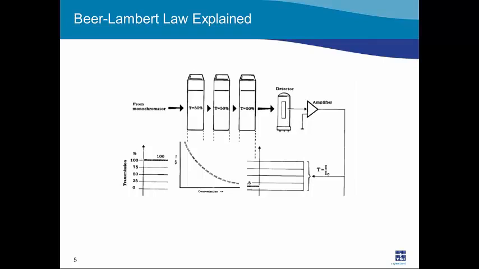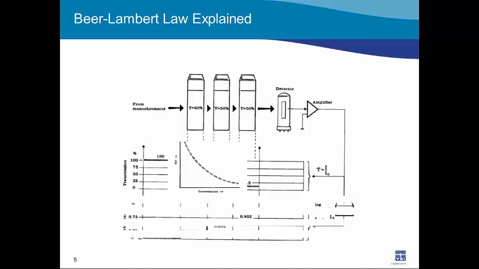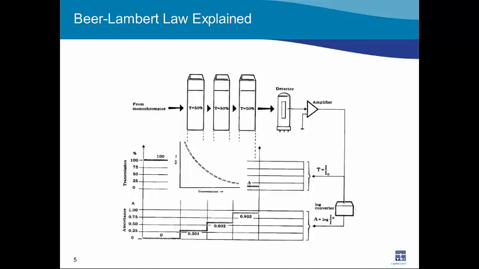It's very handy to know, but it's not so useful for making a measurement. So instead, we have another parameter called absorbance. And absorbance is calculated as the log. You take the log of the initial intensity over the intensity at the detector. And by doing this with the same three samples, we would find that the first sample would have an absorbance of 0.301.